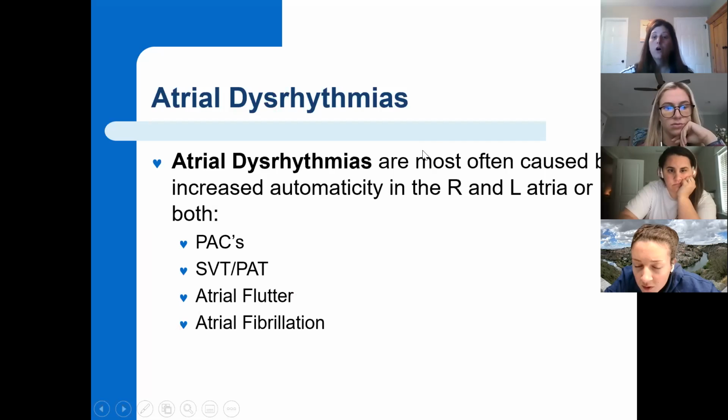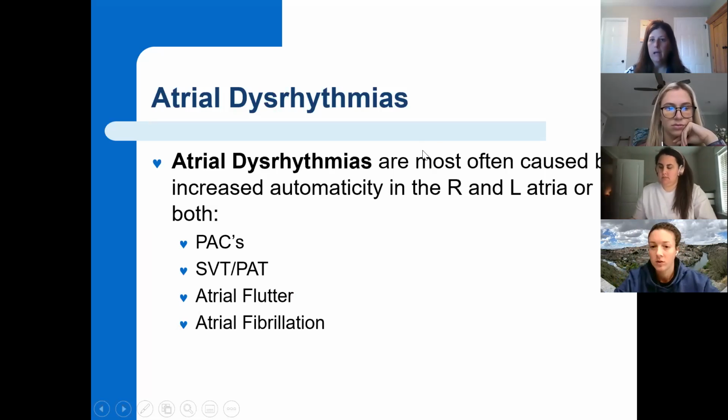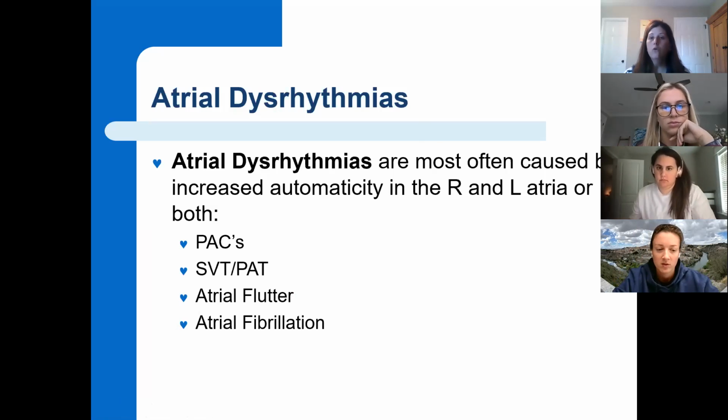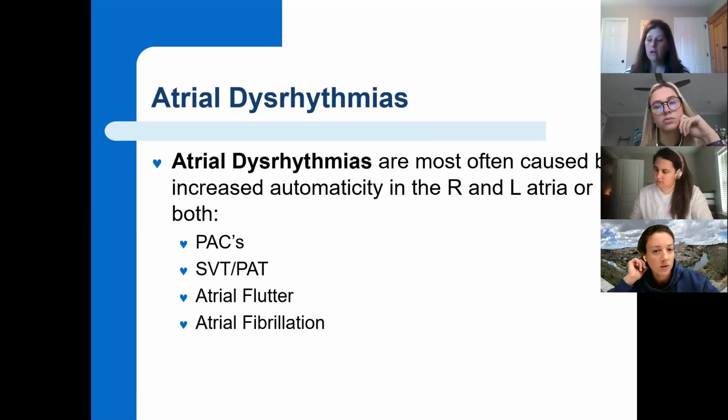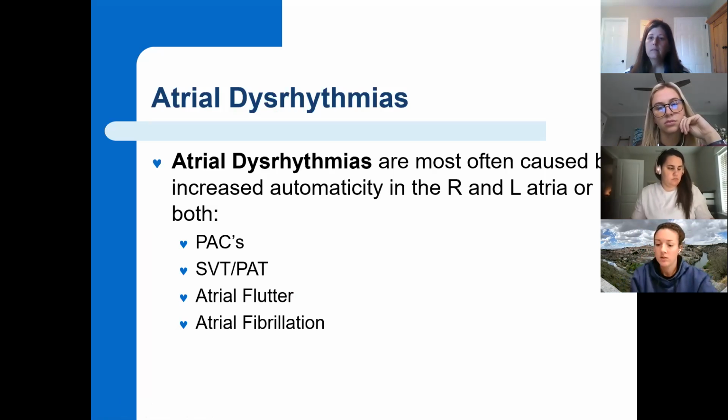So we learned the basics yesterday. We learned our only normal rhythm, which is normal sinus rhythm. And now we have gone through the sinus brady, sinus tach, and we've looked at sinus arrhythmias, including sinus exit block and sinus arrest.